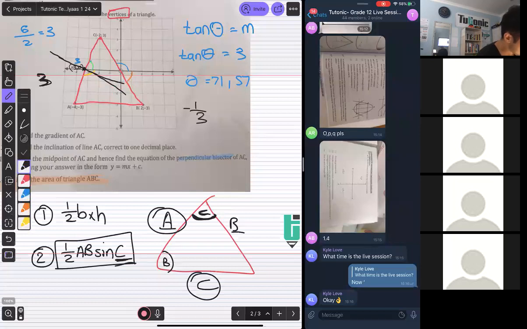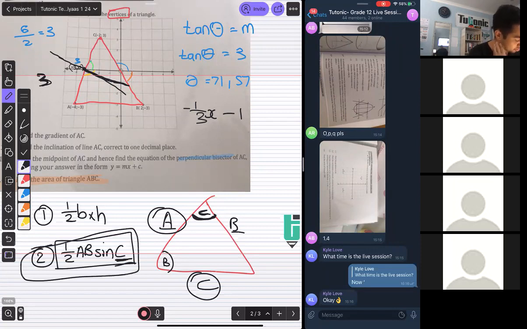So what was the equation? y equals minus a third x minus 1. Yes. So you would have to actually work out this height, which you can do because you can make the equations equal, but it's just extra effort.